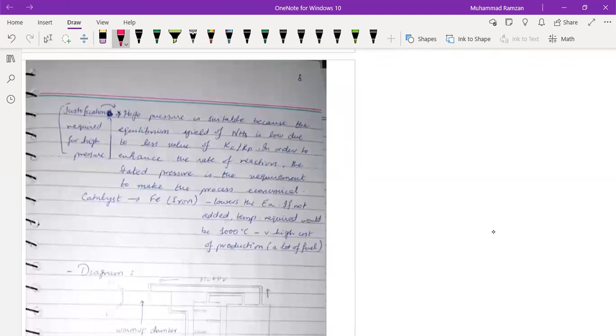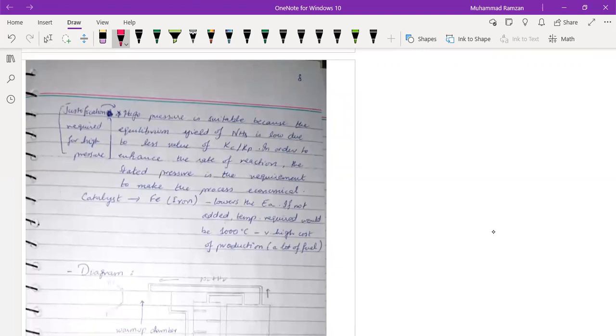In order to enhance the rate of reaction, the stated pressure is required to make the process economical, because the rate of reaction is increased. And this is the justification. These are very important points, where we are linking with equilibria and amount of product formed.